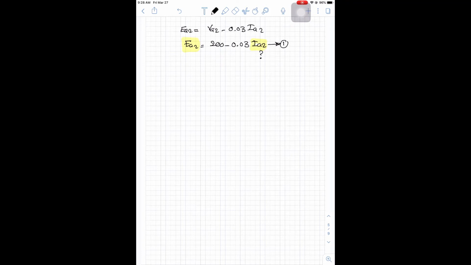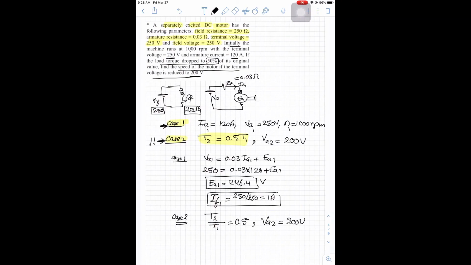Whenever you need to calculate current, you have to think about torque. So we have T2 divided by T1 equal 0.5, which equals IF2 divided by IF1 times I armature 2 divided by I armature 1. And we have I field 2 over I field 1 equal 1 because the machine is connected as separately excited. If the load changes and the armature voltage changes, there is no link between the two circuits.